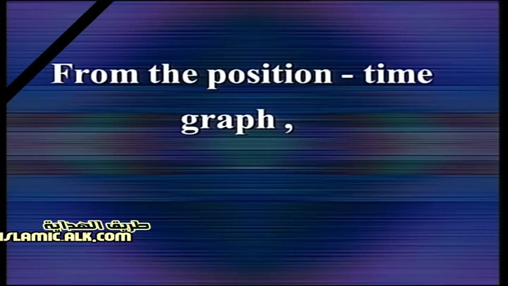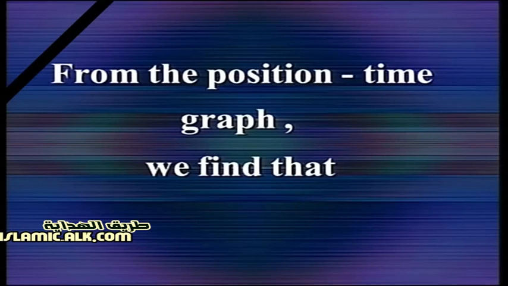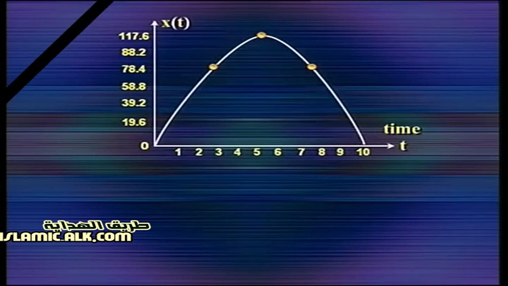From the position-time graph, look at, dear student, the position-time graph. OX represents time t, OY represents x(t). From 0 to 5, and from the interval 5 to 10, the body reaches its maximum at t equals 5.